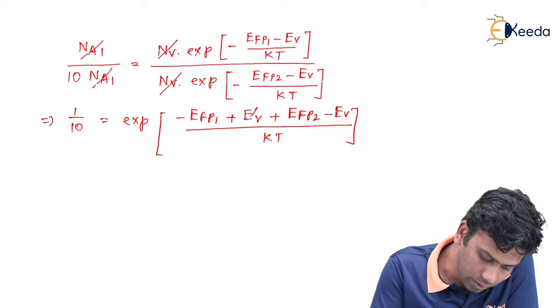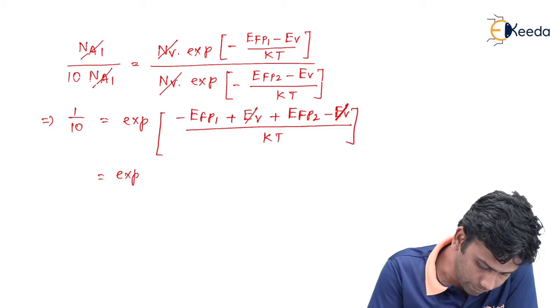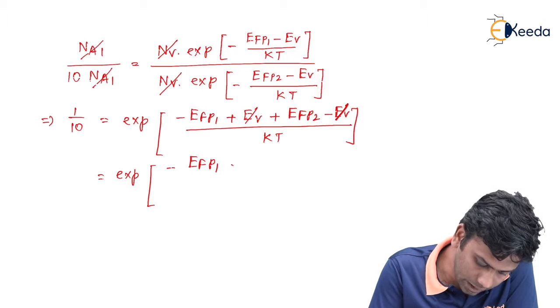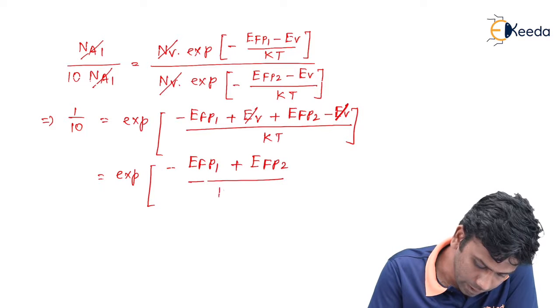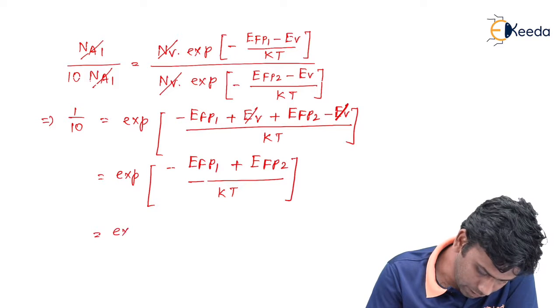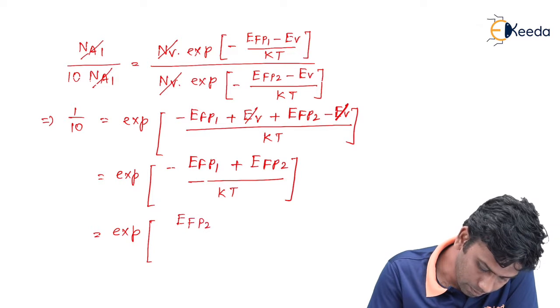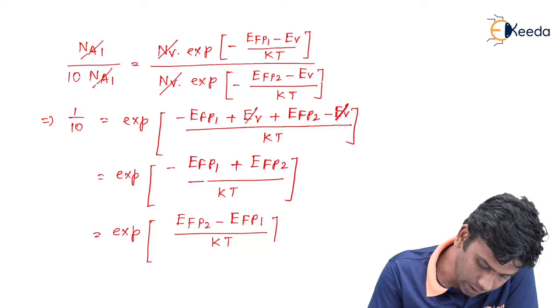So, this Ev will cancel out with this Ev, hence we will get exponential of the bracket minus EFP1 plus EFP2 divided by kT, which can be written as exponential EFP2 minus EFP1 divided by kT.